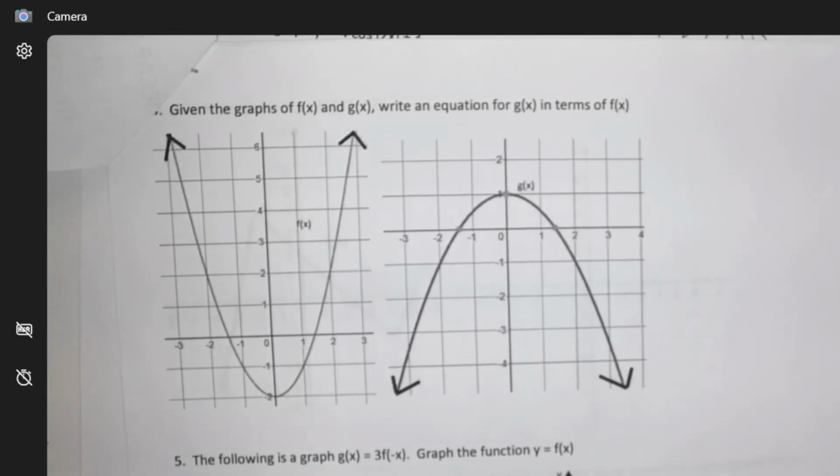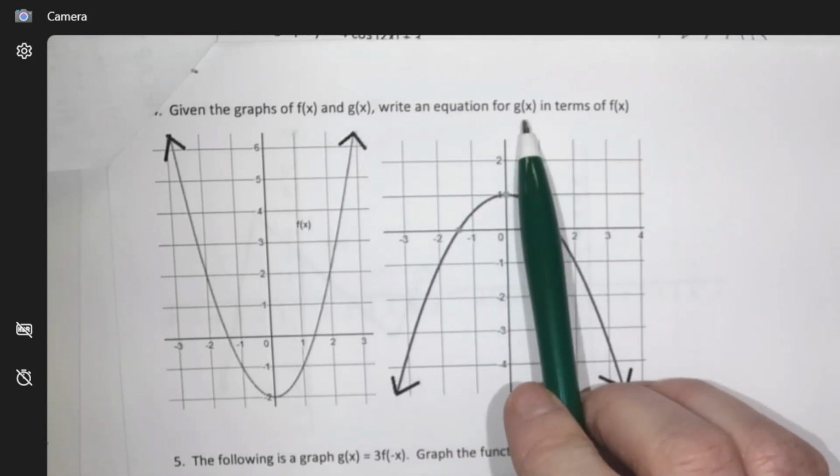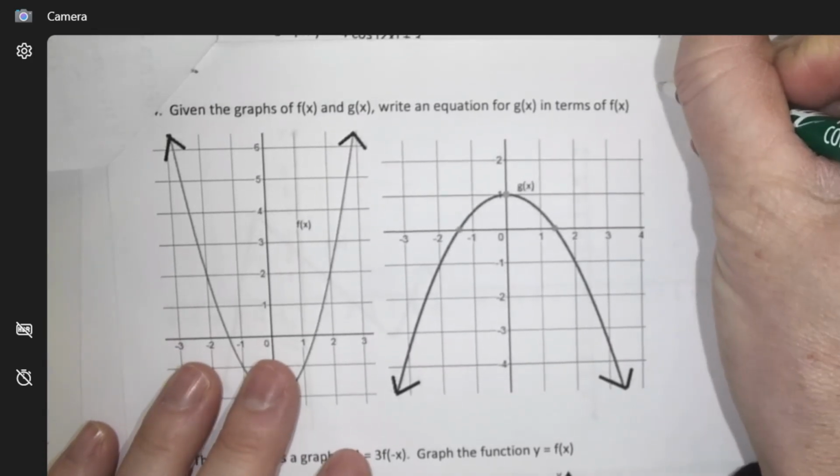Okay, so sometimes people just are wondering what's going on. We have to write an equation for g of x in terms of f of x. So this is what we're going to be doing.